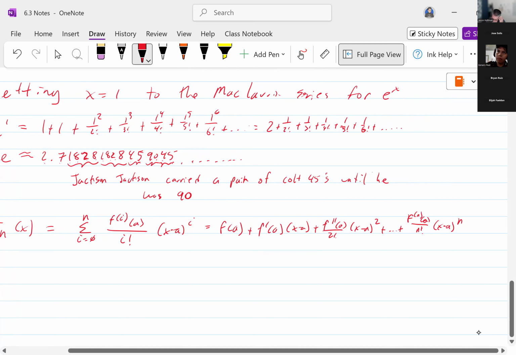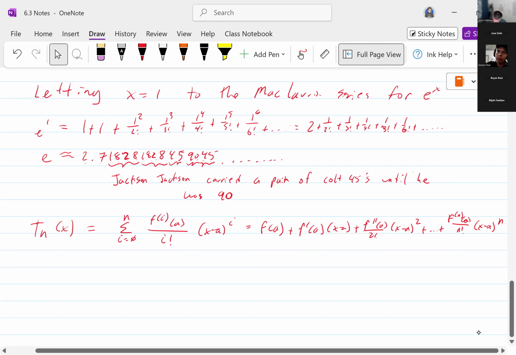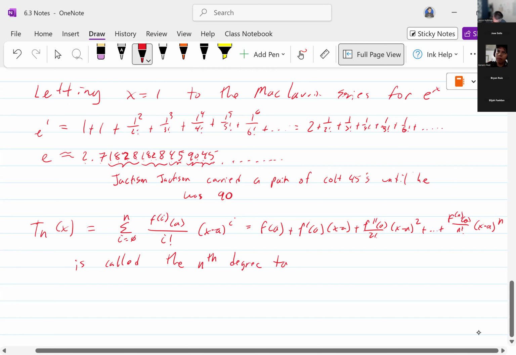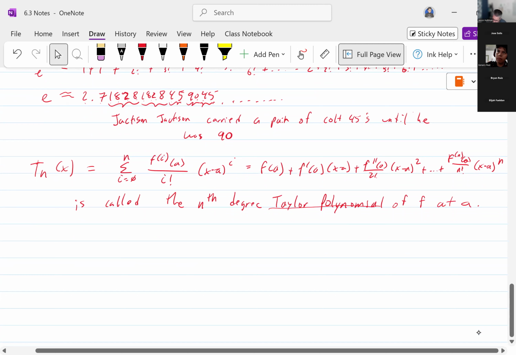And this is called the nth degree Taylor polynomial of f at a.